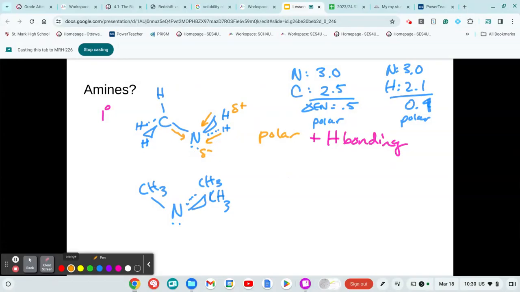This is slightly different though. Now, you've just got bonds between carbon and nitrogen. Those bonds are all polar, but they're not as polar as the bonds between hydrogen and nitrogen.